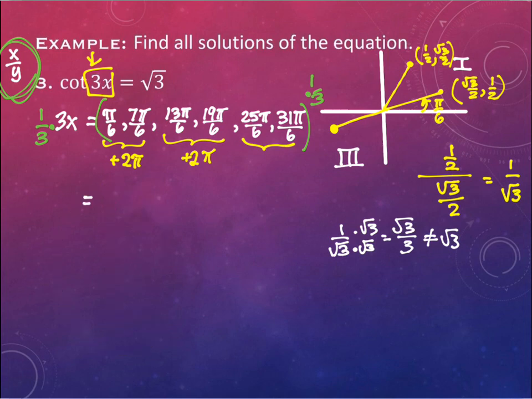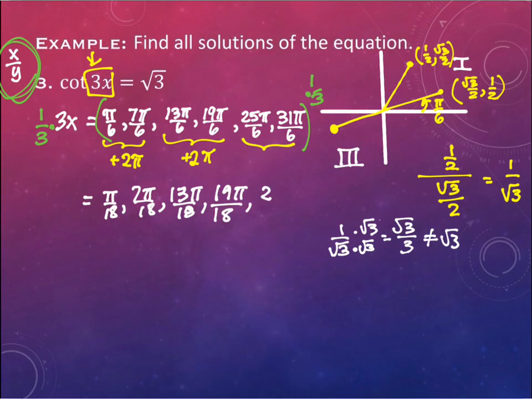So we're going to get pi over 18, 7 pi over 18, 13 pi over 18, 19 pi over 18, 25 pi over 18, and 31 pi over 18.